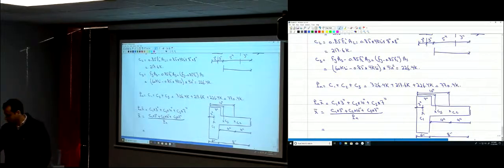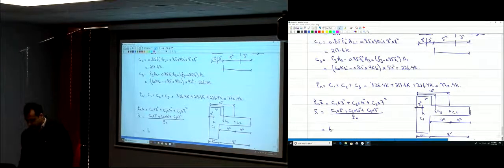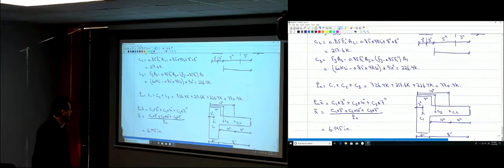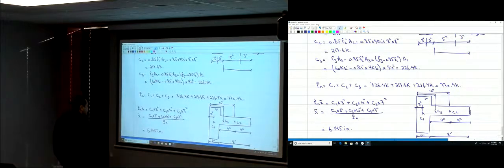So x bar will be equal to 6.145 inches. Okay? So as you see here, to find the location of the plastic centroid, you needed to find the nominal force first that gives you this uniform strain. And then you equate the moment of that nominal force with the moment of its components. You would be able to find the plastic centroid.